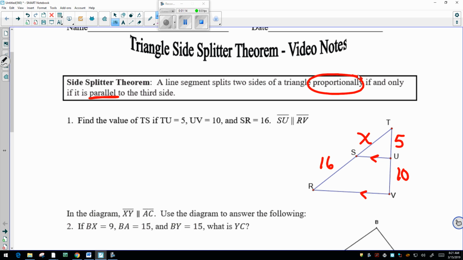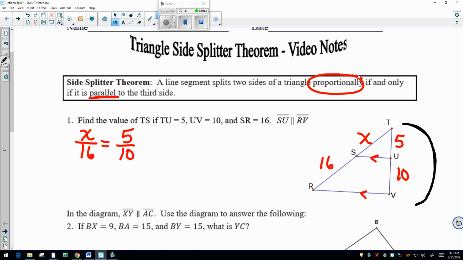So we can set up a couple of different proportions. One would be to take a look at one full side, for instance, let's say the left side, and compare those two. So let's say maybe top compared to bottom. I could then set that equal to the right side, keeping that same proportion and thinking top compared to bottom.